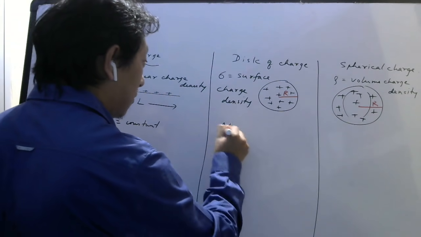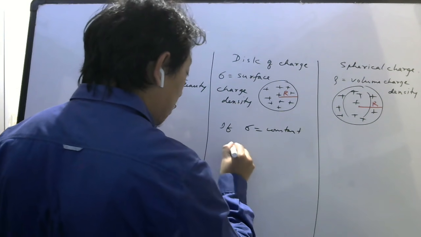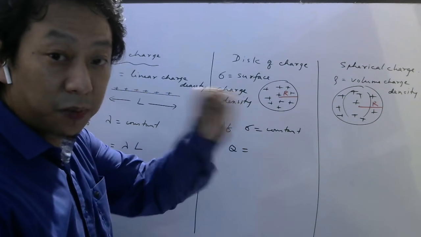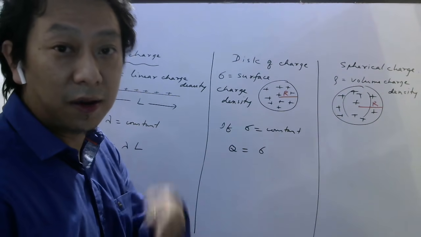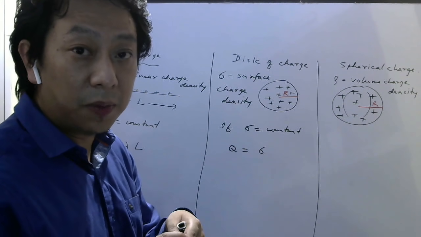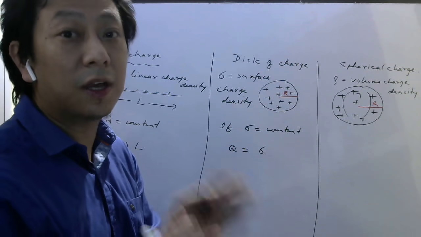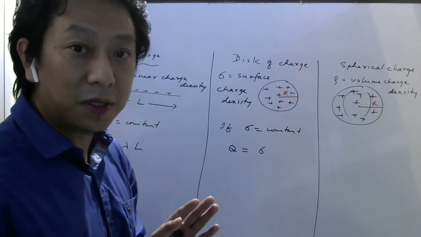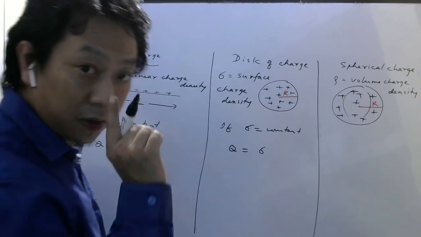Similarly here, if sigma is constant, then what will be the total charge on this disk? Sigma is charge per unit area. It is like cost per unit apple. And if the cost per unit apple is the same for all the apples, then what can you do to find the cost of all the apples? Just multiply the cost of one apple with all the apples. So this is charge per unit area.